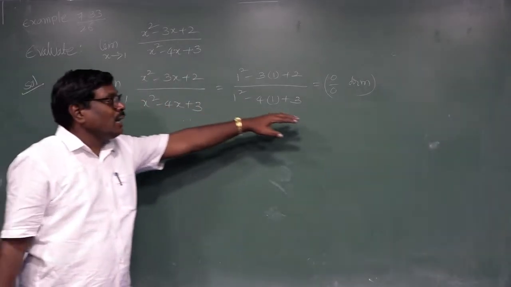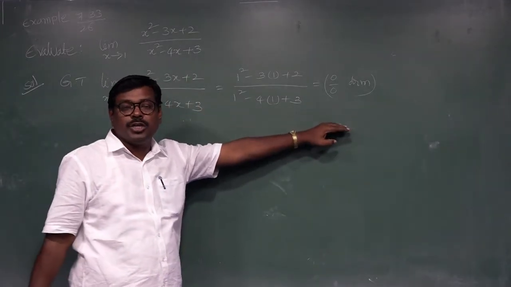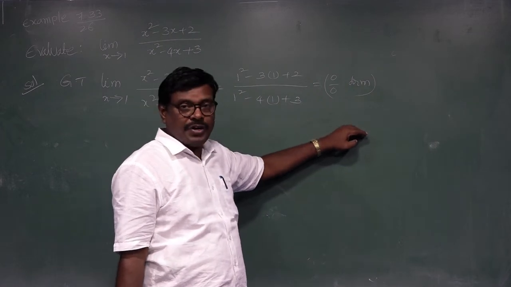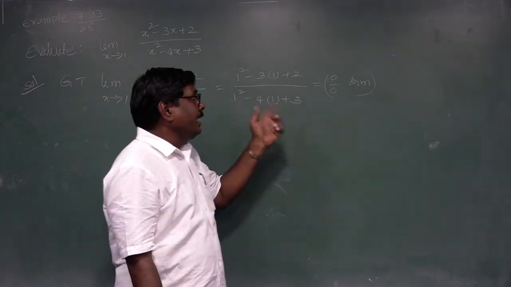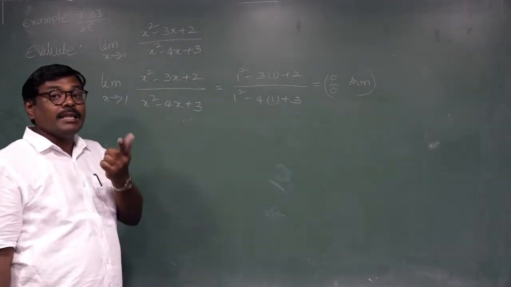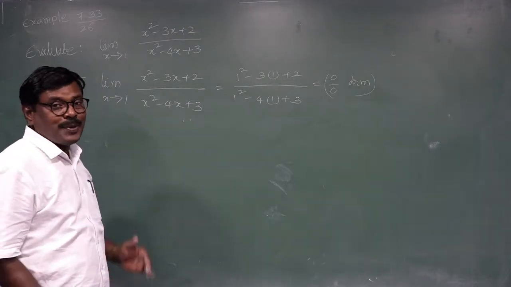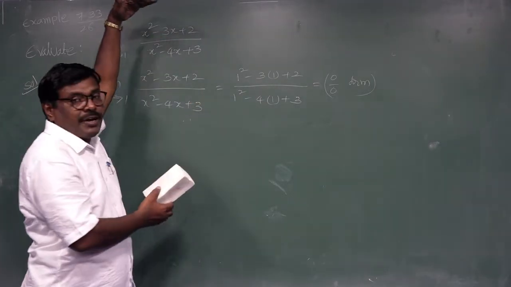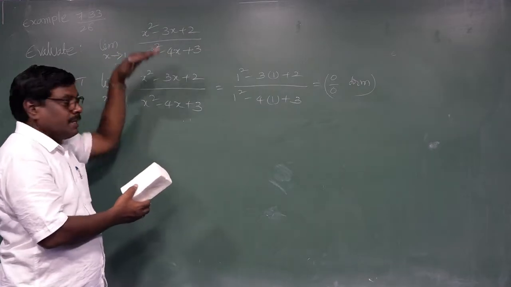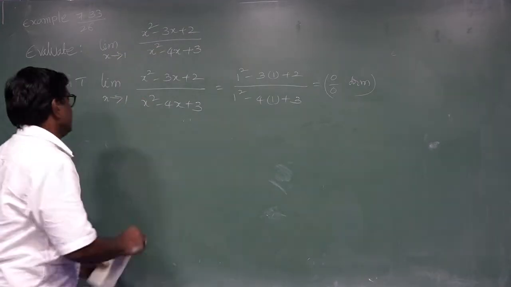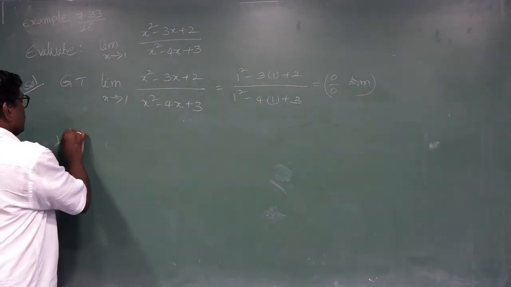This is an indeterminate form, 0 by 0 or infinity by infinity. Then we use the L'Hospital rule: numerator separate derivative, denominator separate derivative.